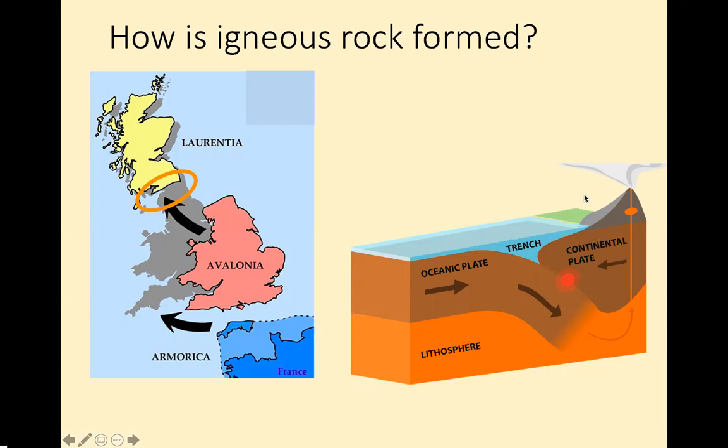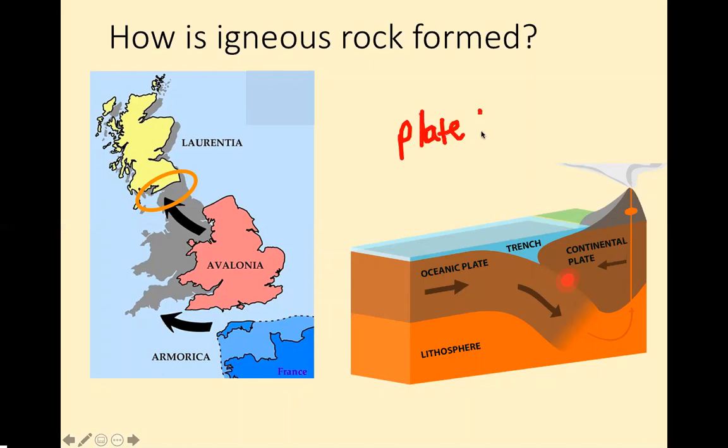You'll see these crystals formed because of the minerals found in the lava, okay? So if you get a question that asks you to explain this, you need to be comfortable explaining that this is formed at a plate boundary, and this is what we call a convergent plate boundary.